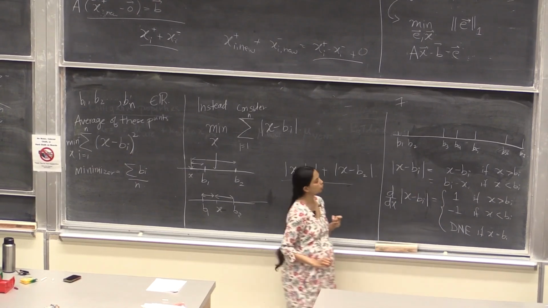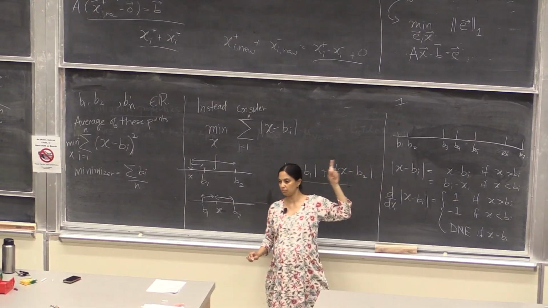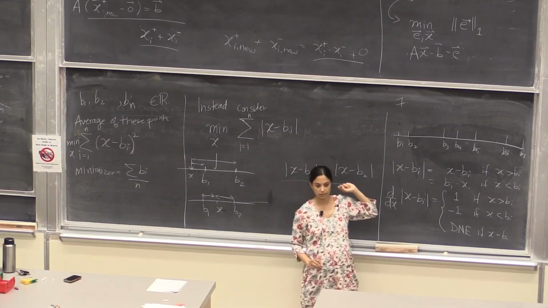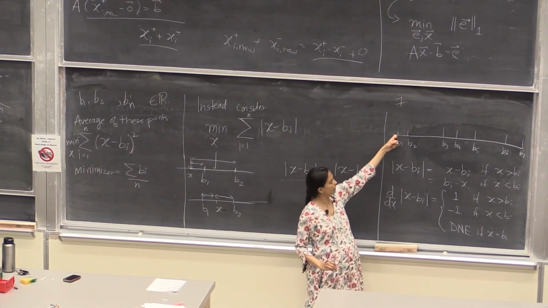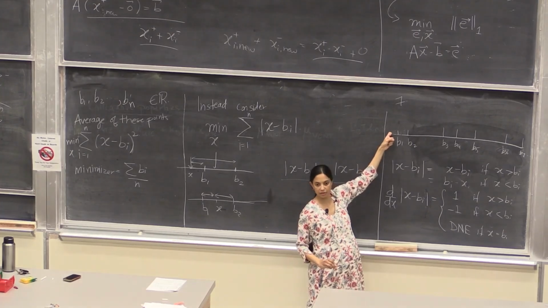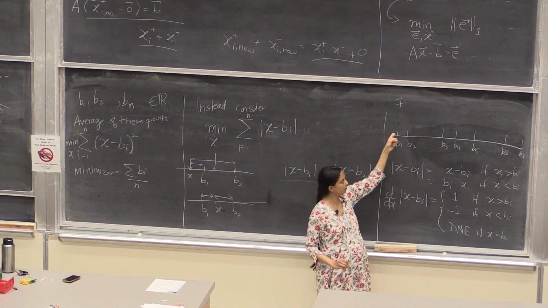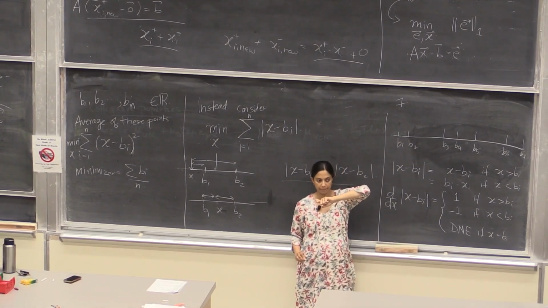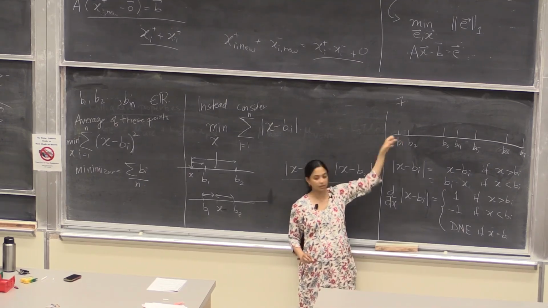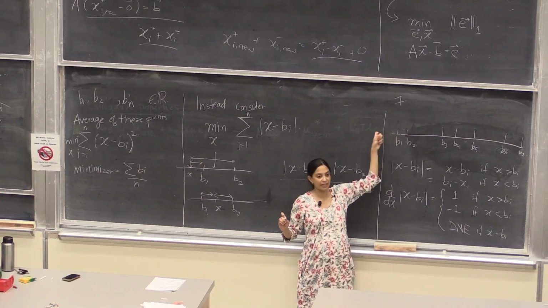Okay? So now if I look at my different placements for where x could be, when I think about an x that is on the left of everything, an x that is smaller than b1, b2, b3, b4, through b7, what is the derivative of my objective function going to look like for an x over here?